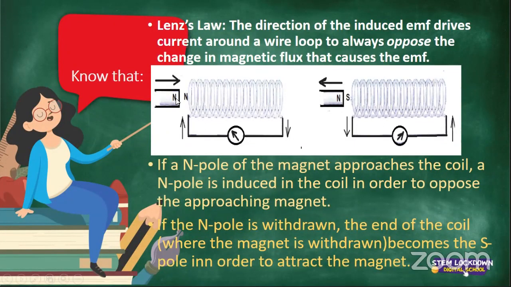Here, if the magnet is being sent in with the north pole, the induced EMF will induce the north pole to oppose the magnet going into this coil. So if the magnet is being pulled out, the induced EMF will try to induce the south pole to attract it back. So it is always opposing the change in magnetic flux that causes it.